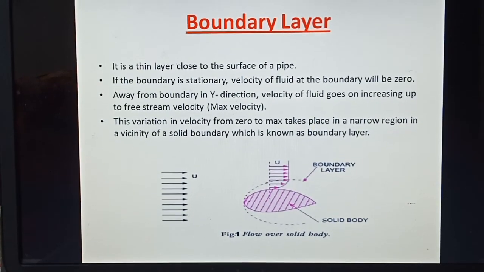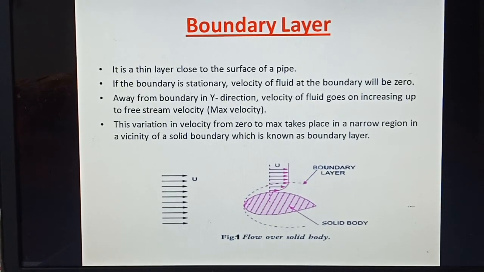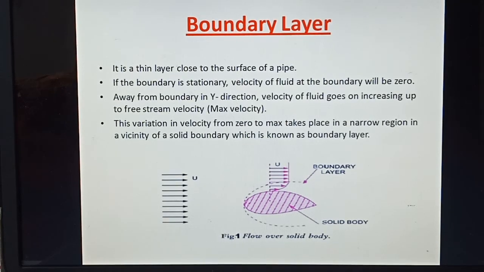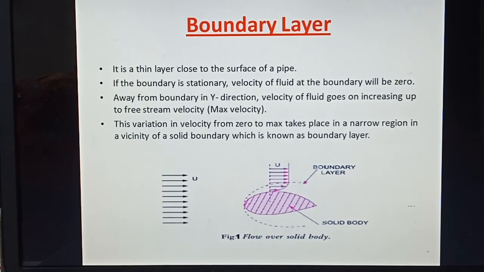Now, therefore, there is a variation in velocity from 0 to maximum, and this variation in velocity takes place in a region near the surface of a solid boundary. This area is called a boundary layer.